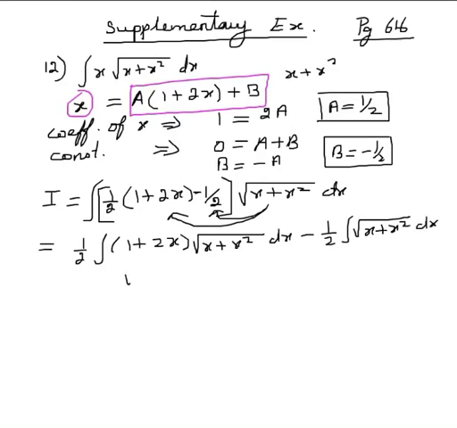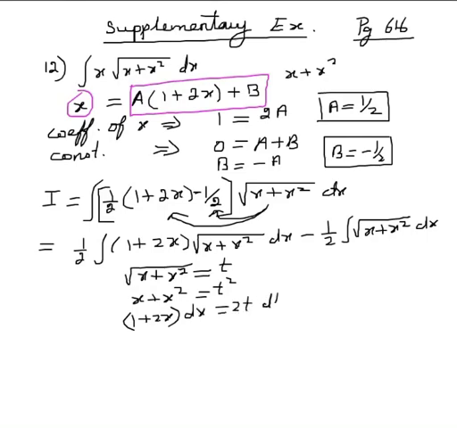The first integral should be done by taking root of x plus x square as t. Square both sides. Differentiate. Equal to half into, the substitution is only for the first integral.